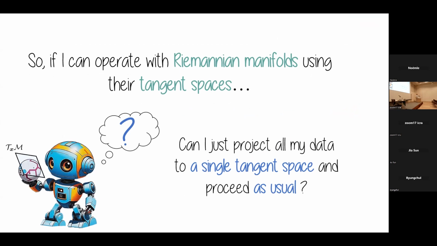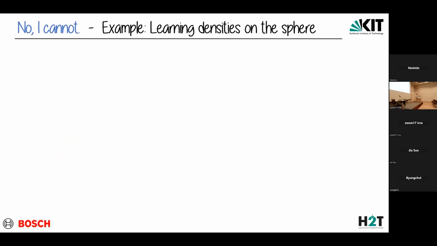Can we just, in optimization or learning problems, project everything to a single tangent space and use any out-of-the-box algorithm out there? You might already know the answer, and it's that we shouldn't, or we must not.